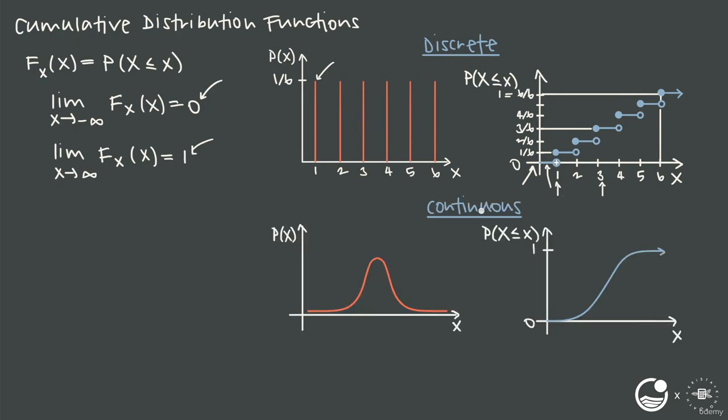To give us yet another view on this, let's look at continuous random variables. So it's the same idea. We can use this cumulative distribution function for both discrete and continuous random variables. When we have a continuous random variable, the graph of our probability density function might look something like this.